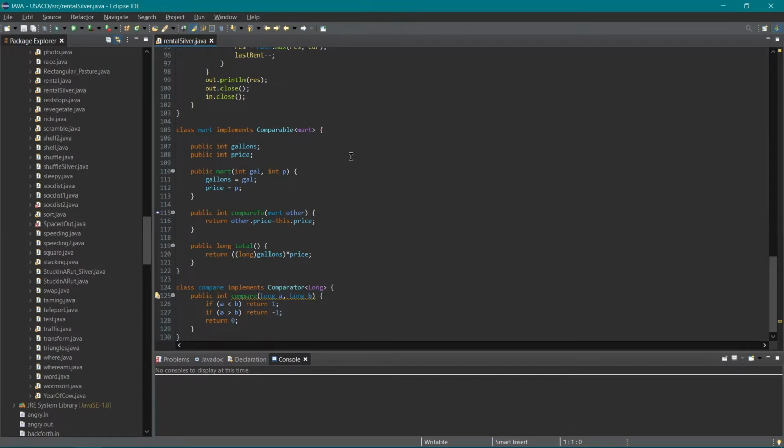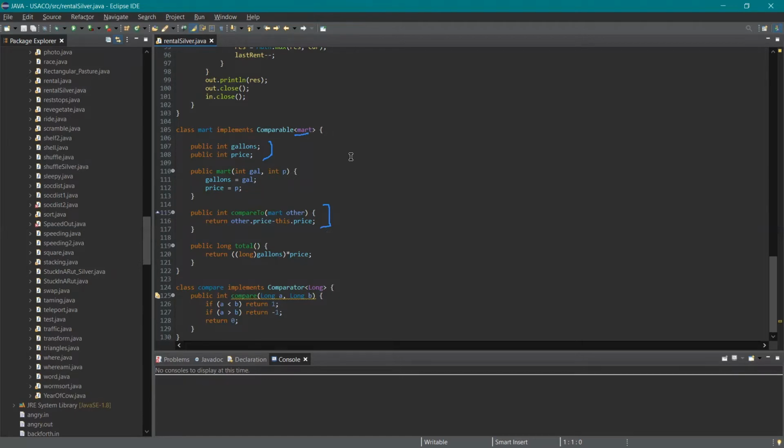So if you look here, we're comparing gallons and price. We're comparing prices of different arrays when we sort them. So if we sort an array with this, it will sort according to price.